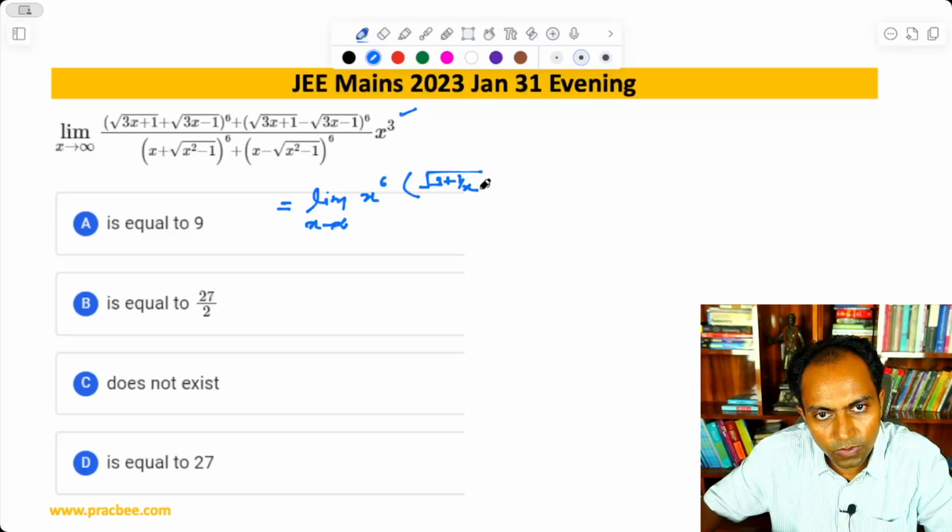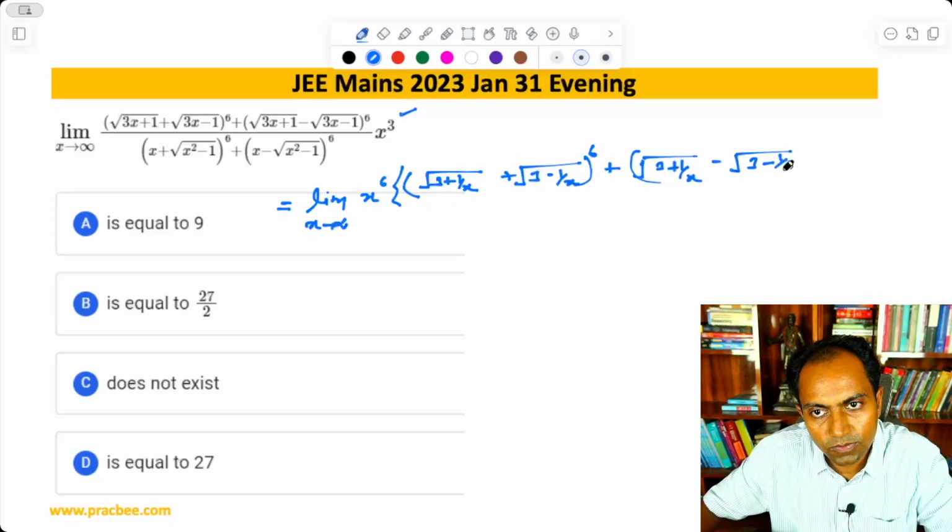(3 plus 1 by x) plus root of (3 minus 1 by x) raised to the power 6, plus (root of 3 plus 1 by x) minus root of (3 minus 1 by x) raised to the power 6.